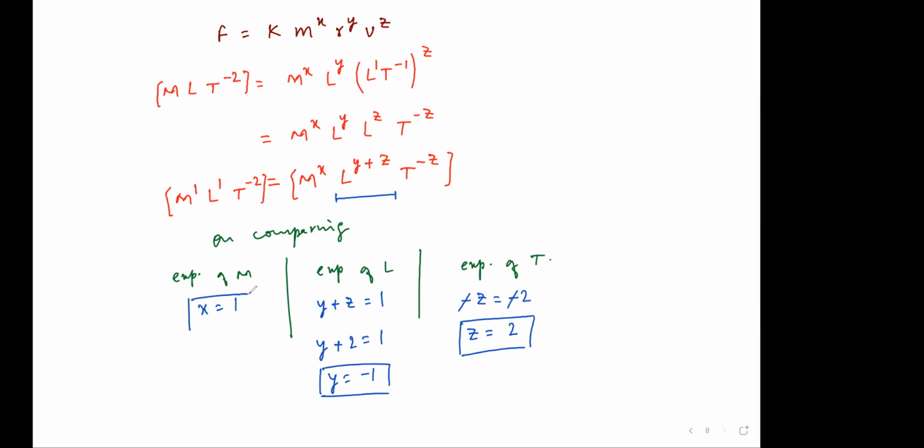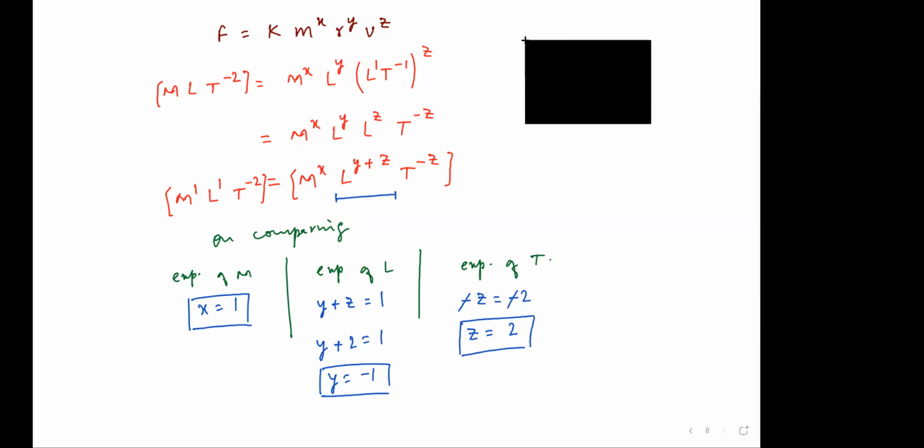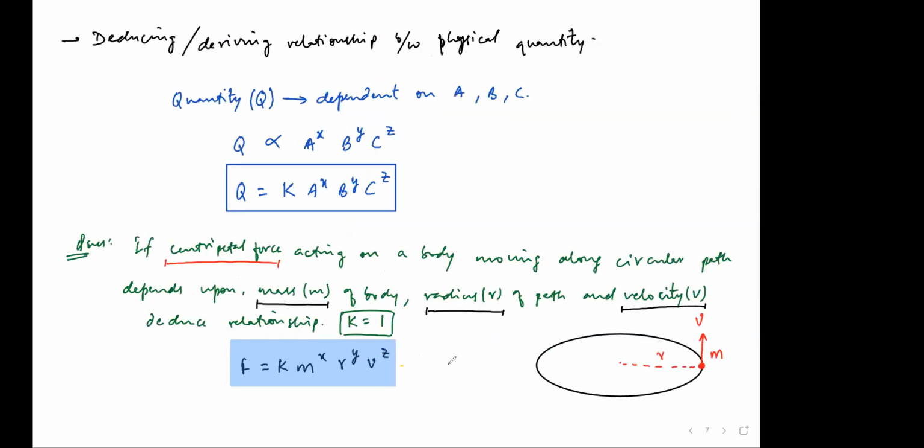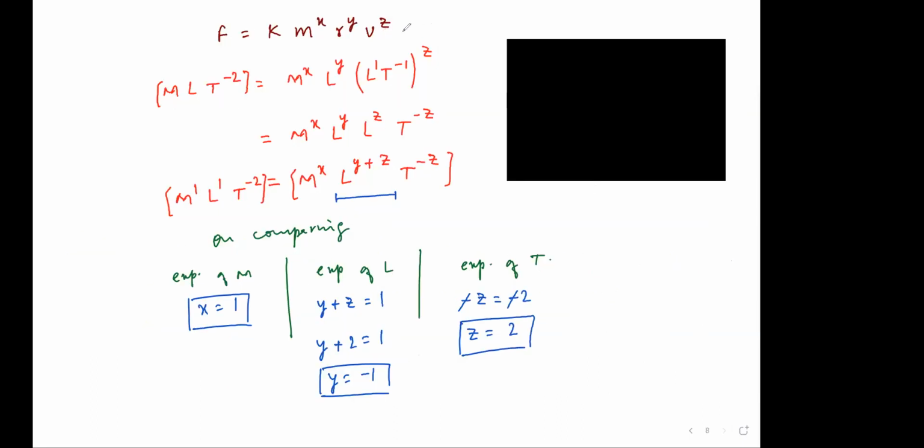So on comparing the exponents of each part, we have derived x, y, and z. Then the last part is to put all the values in the first equation, which we have already derived. This expression, let's say it is equation first. F would be k, and as written in the question, k would be nothing but 1.